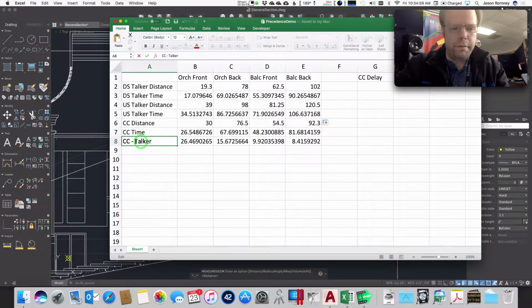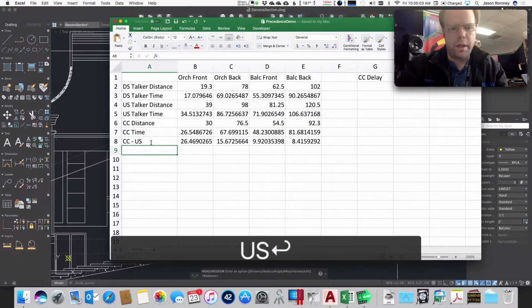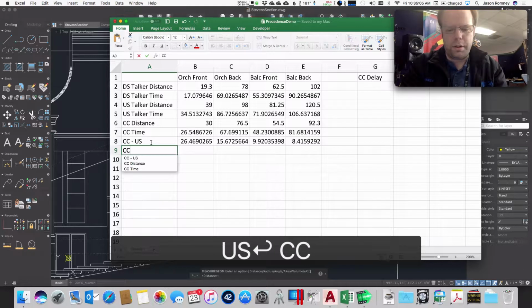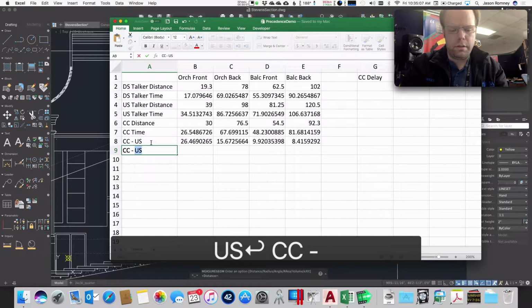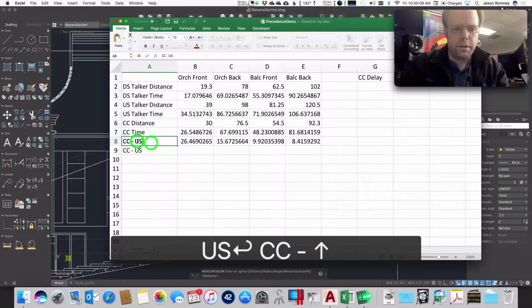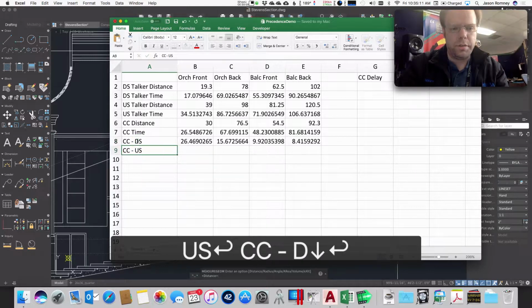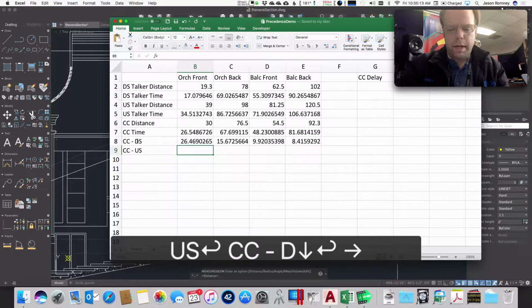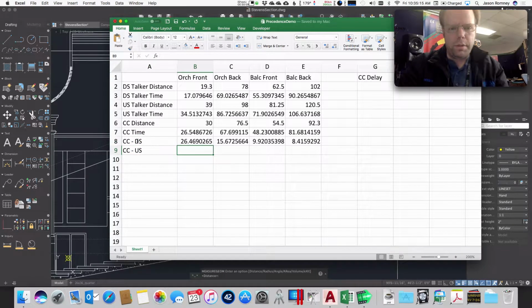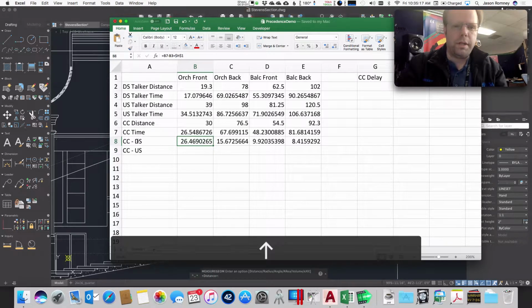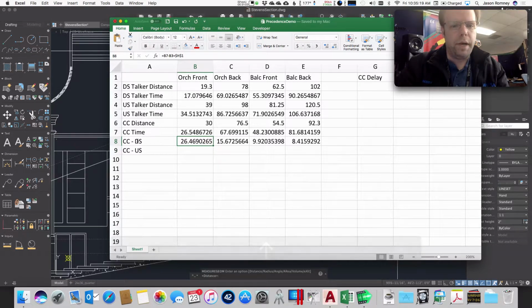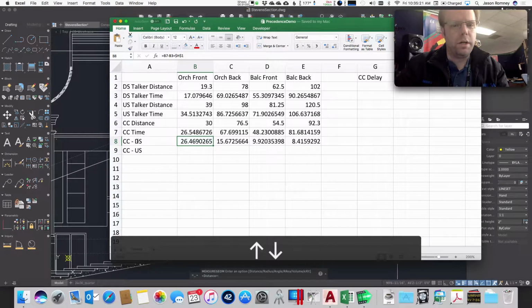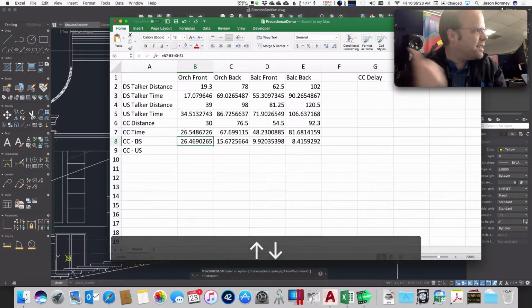And I'm going to modify this to say center cluster minus upstage. The original was the downstage position. So it's the same kind of math, but remember, I did the center cluster minus the talker plus the delay that I added to the center cluster.